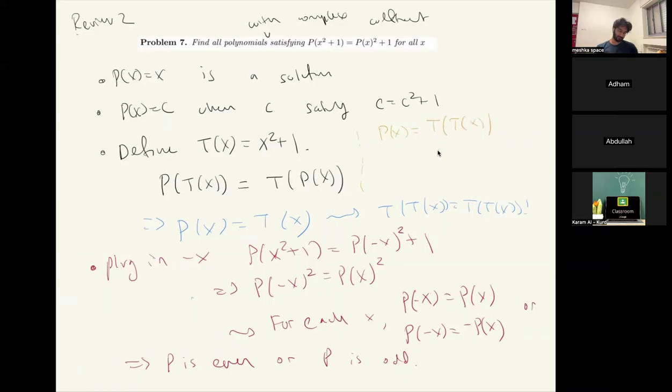Now, what happens? We do P of T of X and T of P of X, they're both the same. They're both the triple iterate. They're both T of T of X. So T applied k times to X will always be a solution for any k.